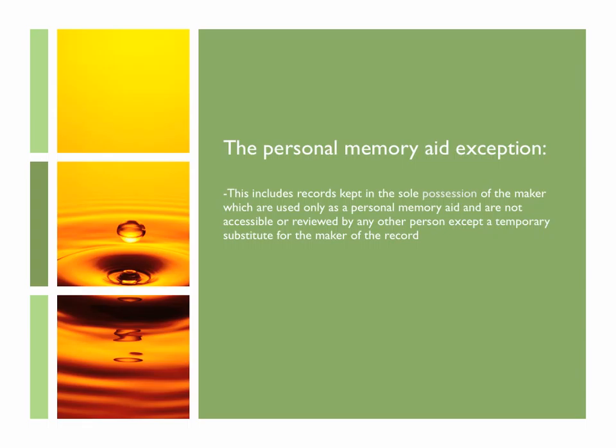If, for example, a teacher is relying on a personal memory aid in the context of an IEP or parent meeting to explain a situation or explain why she's making a certain recommendation, well, as such, she is sharing that information and it is being accessible or reviewed by people other than a substitute, and thus it does become part of the education records, and you can get access to it.